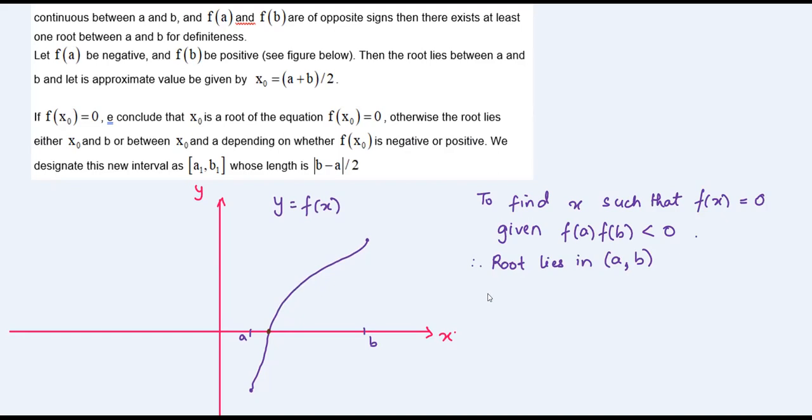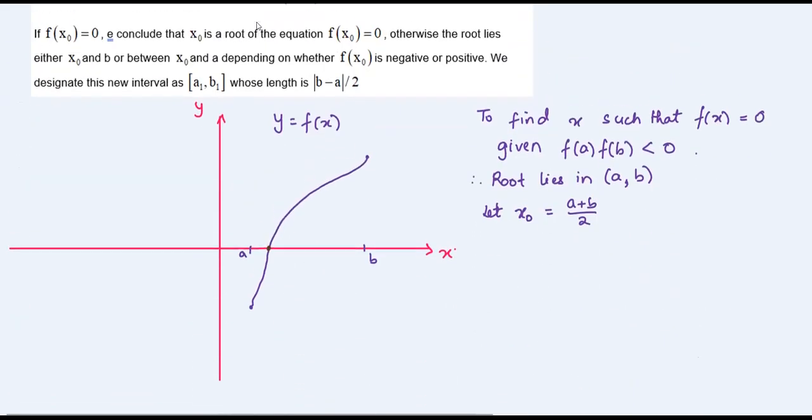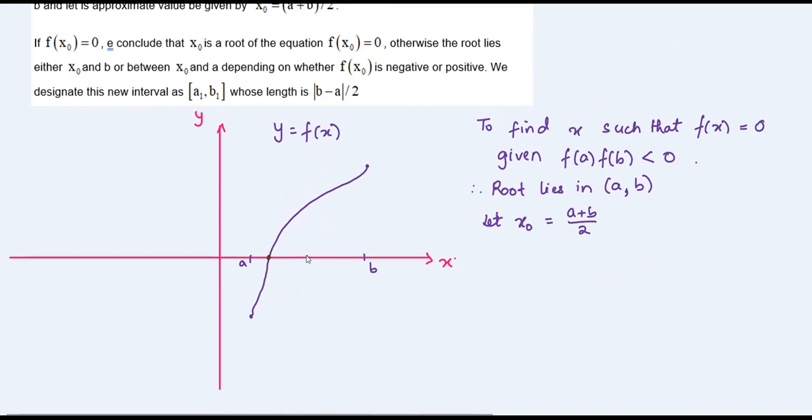Now what we do is, we keep changing the pivot. So let x naught be a plus b by 2. So we bisect the interval. This is the bisection method, right? So this becomes x naught.